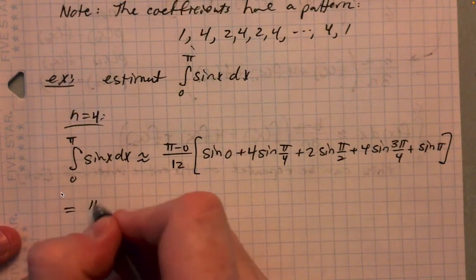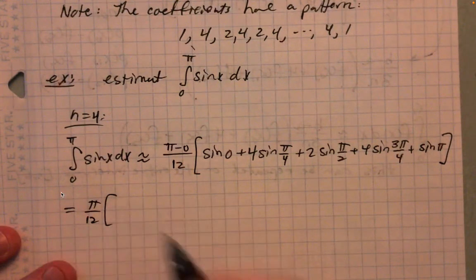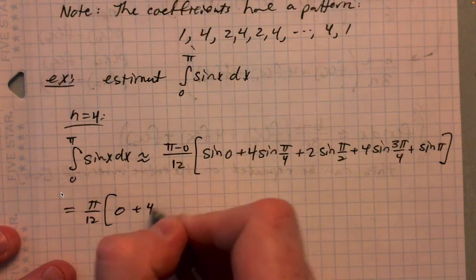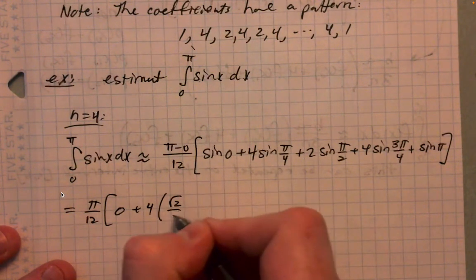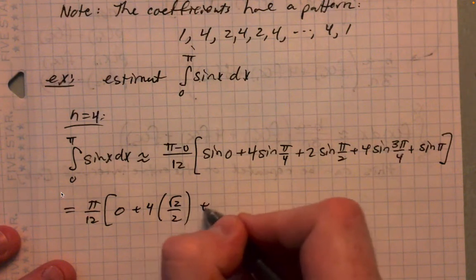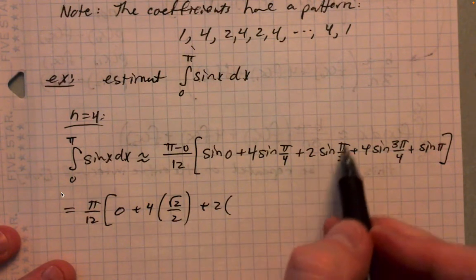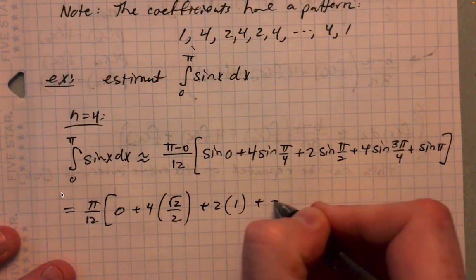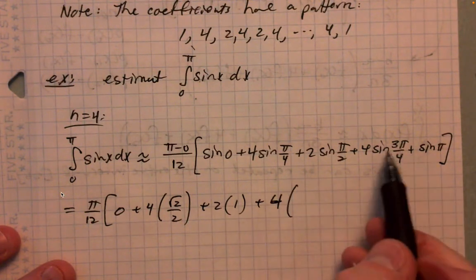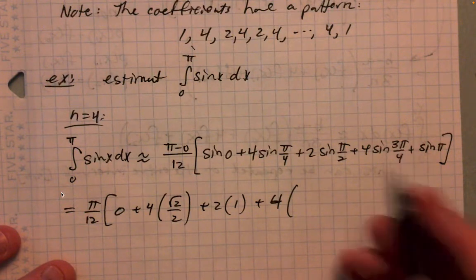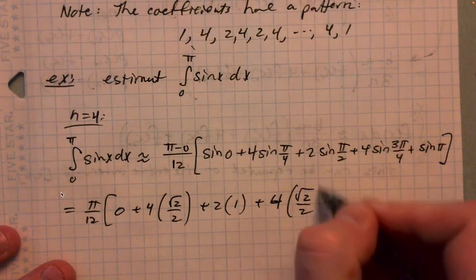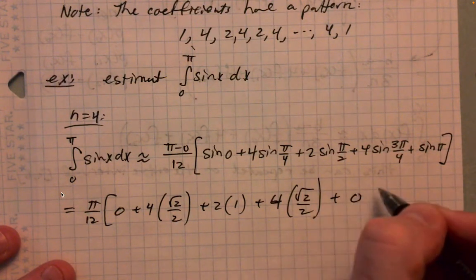Okay, when you plug all of that in, you get 0 plus 4 times, and the sine of pi over 4 is the square root of 2 over 2, plus 2 times, and the sine of pi over 2 is 1, plus 4 times, and then again the square root of 2 over 2, and then plus 0 on the end there again.